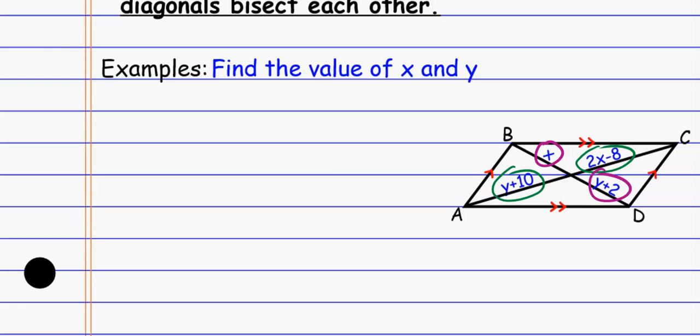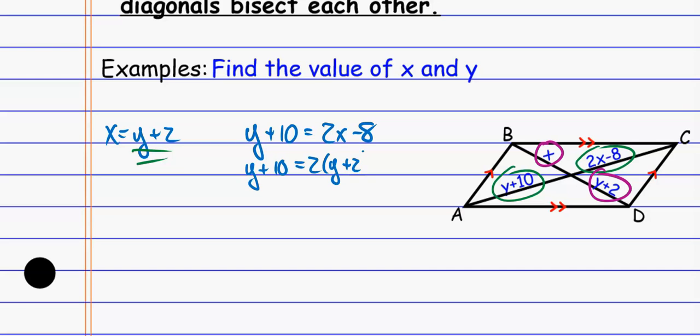So I really have 2 equations I could set up here. One of them is that x equals y plus 2. The other one is that y plus 10 equals 2x minus 8. And this is a system of equations. I can solve this system by substitution because x is already by itself, so I'm going to plug that in for x. And now from here, I'm going to solve.